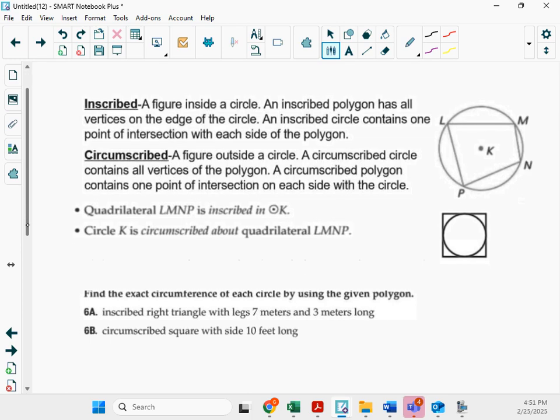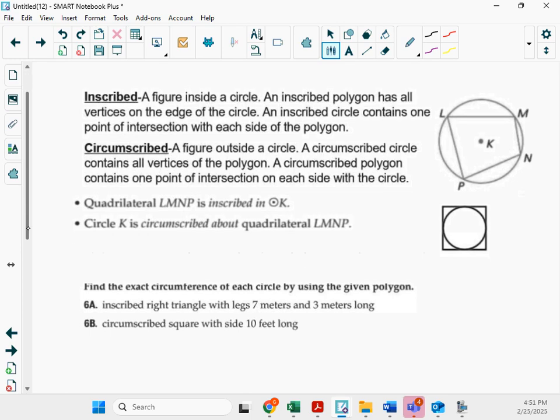Two more vocab words. These are going to be a bigger deal later on in the chapter, but I want to introduce them to you now. Inscribed and circumscribed. So an inscribed figure is a figure inside of the circle. Now, I want you to notice that in this inscribed figure, all 4 corners are exactly on the edge of the circle.